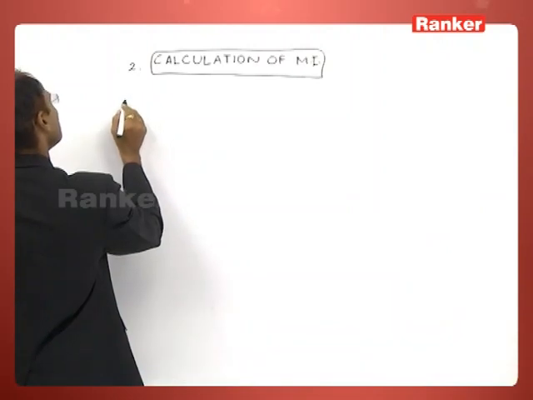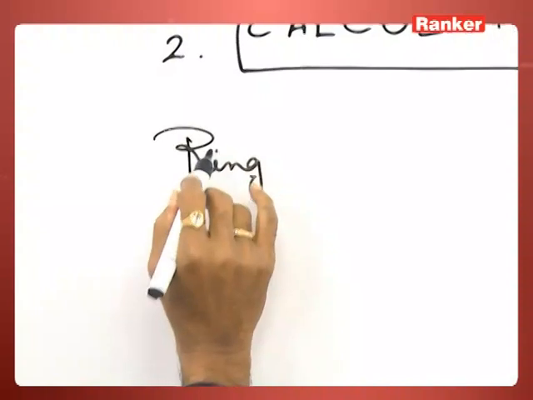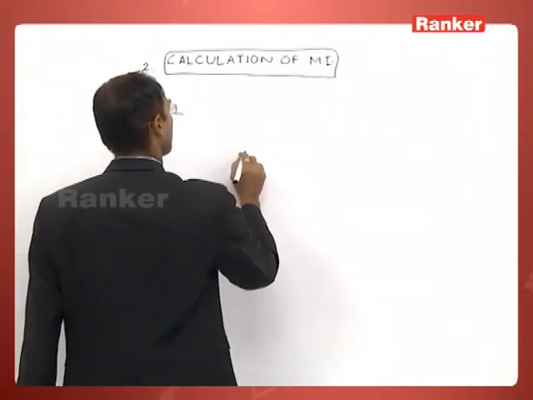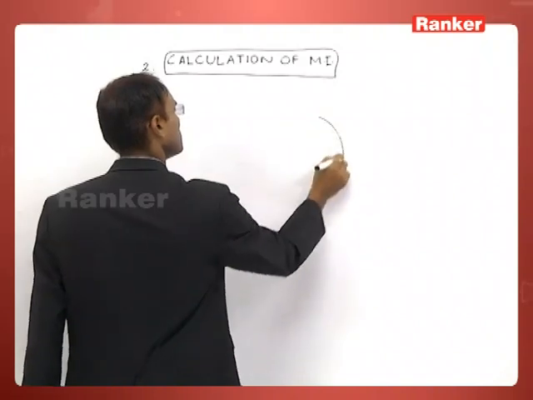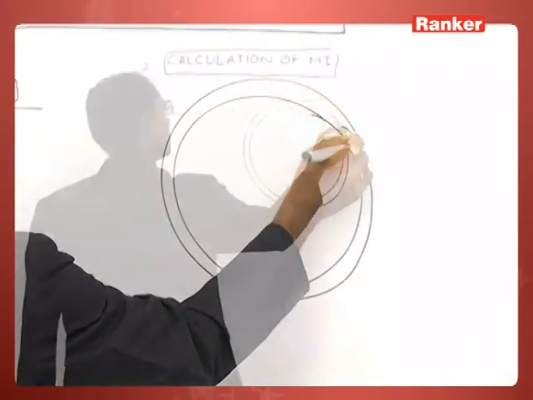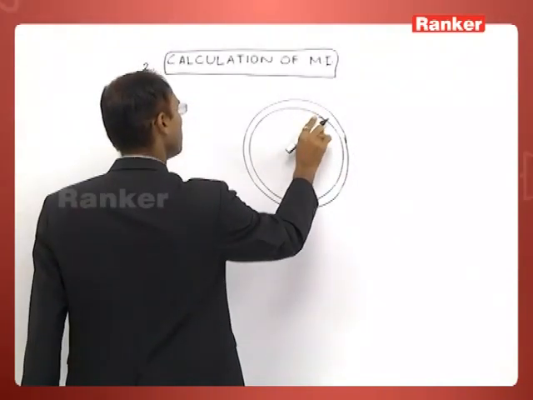Then let us take the case of the disk or the ring. Take this ring which is uniform.